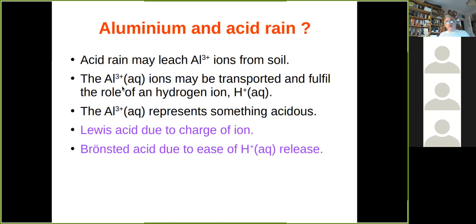If these aluminum ions are dissolved in some way, they may be transported, and then they may replace hydrogen ions as a transporter of acidity. So one can say that the aluminum ion represents something acidic. It's a Lewis acid, according to the charge, but it's more difficult to see it as a Bronsted acid, maybe, but we can see if we can.